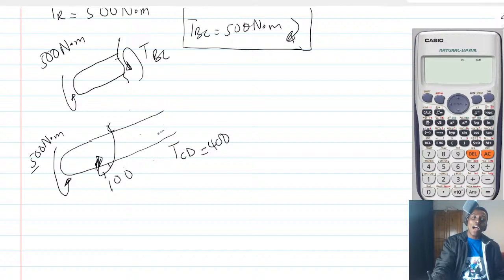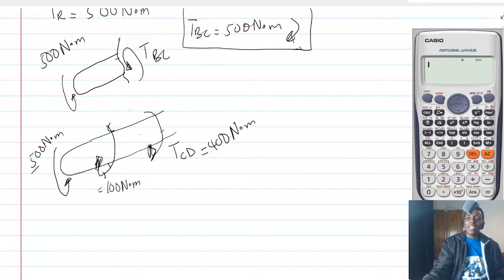So that if I add 400 to 100 in the opposite direction, when I add them together, then it means that I have what? 500. So all the time, summation of torque is 0. Always. Alright?